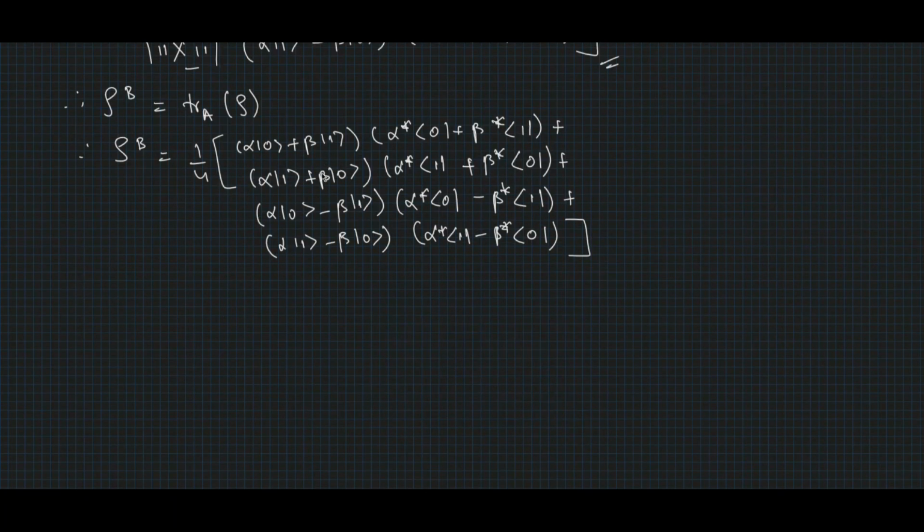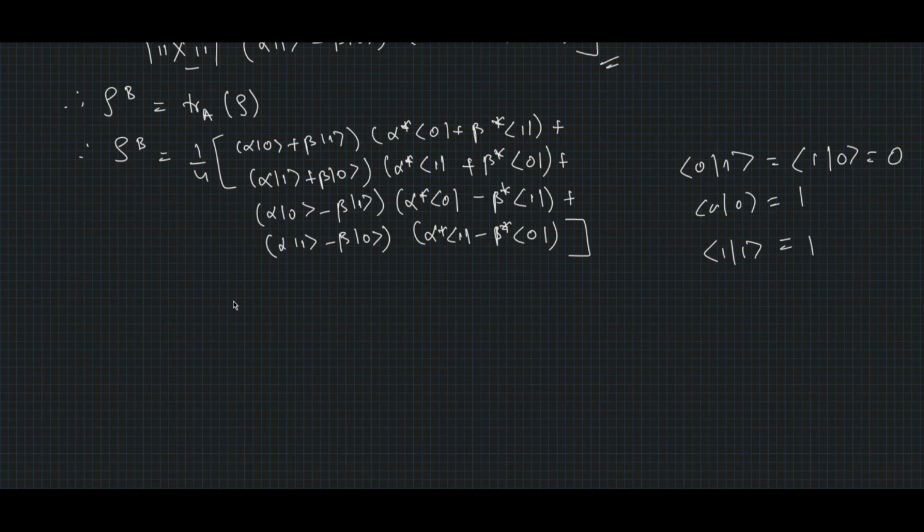Now, we can simplify this expression by multiplying the brackets, where the terms with inner product 0, 1 and 1, 0 would be equal to 0, since we are working in the computational basis of zeros and ones; the inner product 0, 0 will be equal to 1 and 1, 1 will be equal to 1. Everything else would be 0.